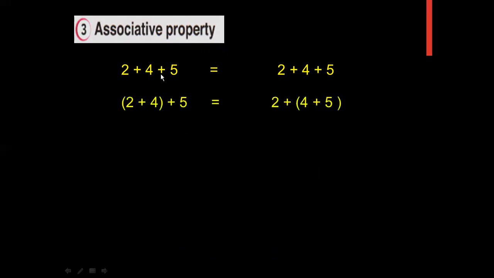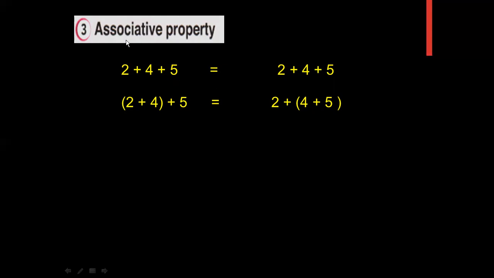The third one is the associative property. What is the meaning of associative property? This example, (2 plus 4) plus 5 equals 2 plus (4 plus 5). If I take 2 and 4 in a bracket in the first one, and take 4 and 5 in a bracket, okay, I will get the same result.